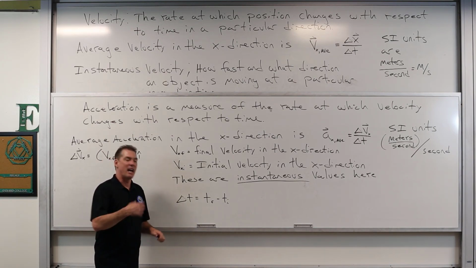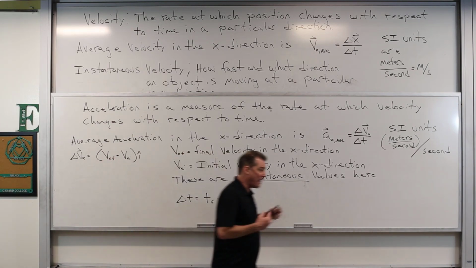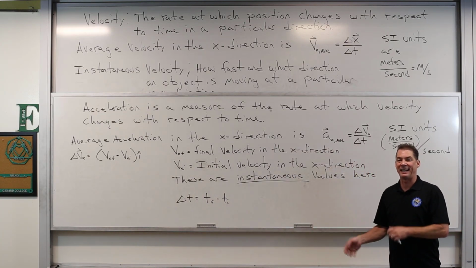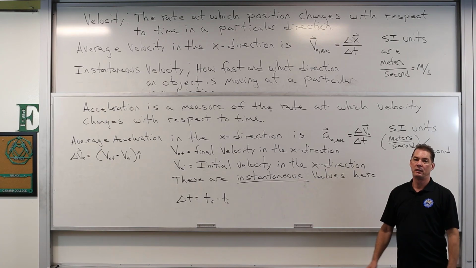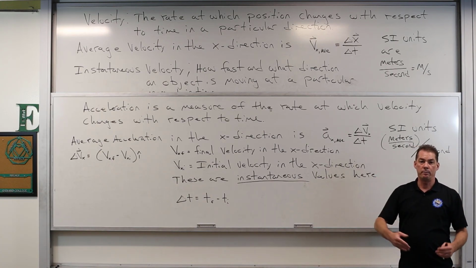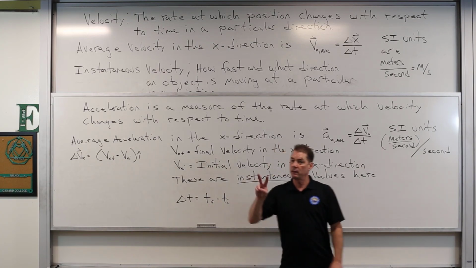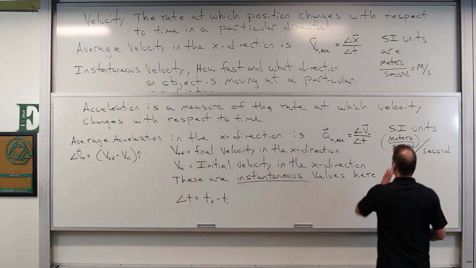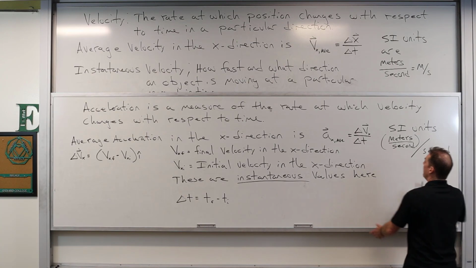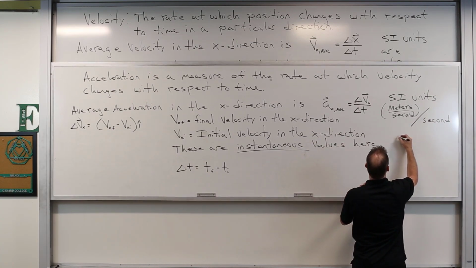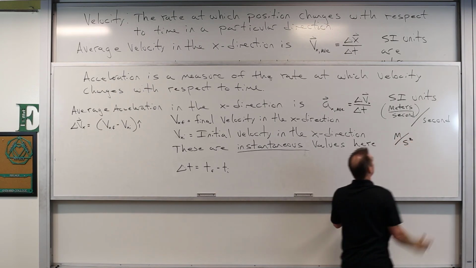On average, every second that has gone by, I've increased my velocity by 2 meters per second in the direction that I'm moving. 2 seconds go by, 1 plus 2 is 3, plus 2 is 5. Go from 1 to 5 in 2 seconds. So again, that's what acceleration is characterizing. Generally, we don't write the units like this. We write them as meters per second squared.